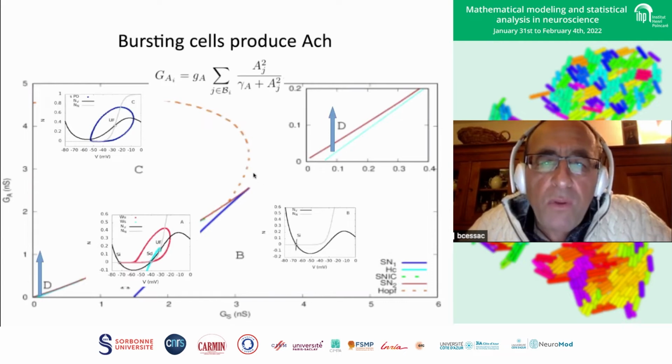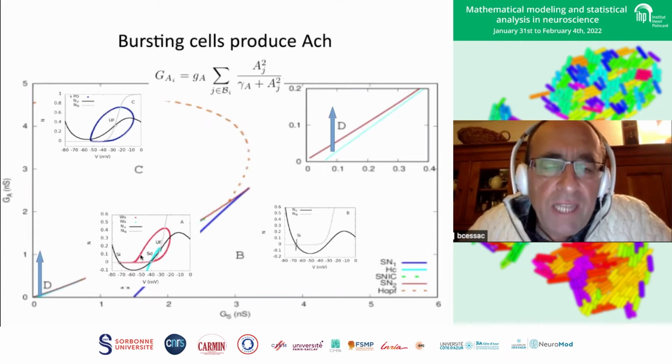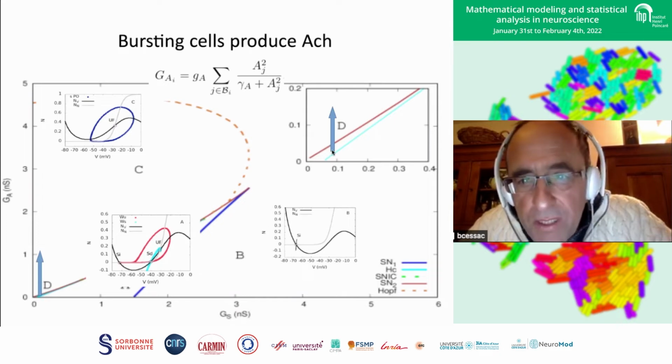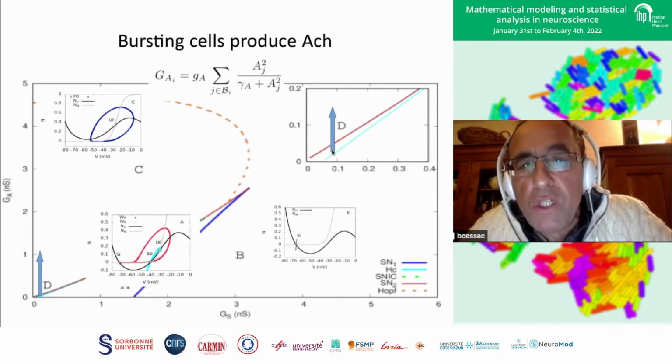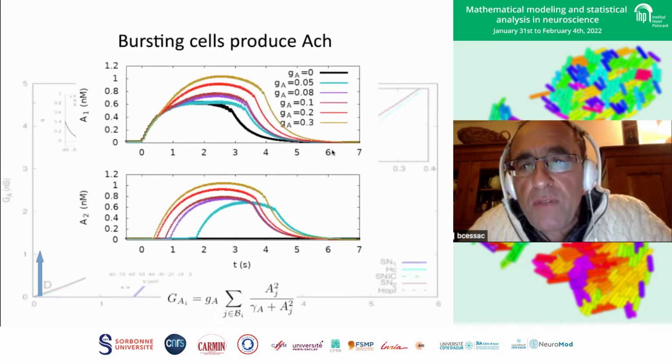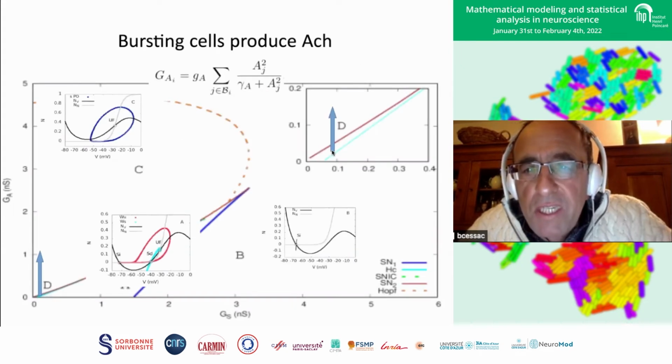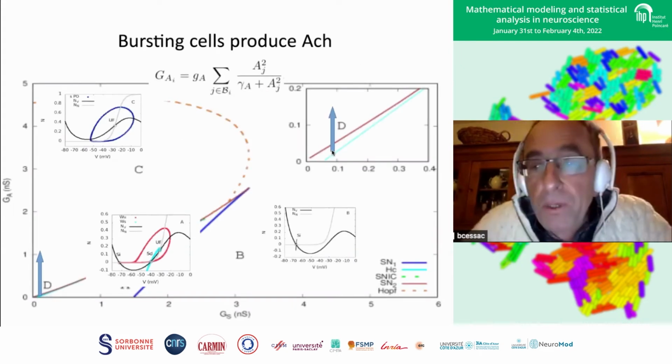Anyway, what I want to tell you now is that when a cell is at rest in this region D, and when my neighbors are bursting, they will increase the level of acetylcholine, which means that GA is going to rise.